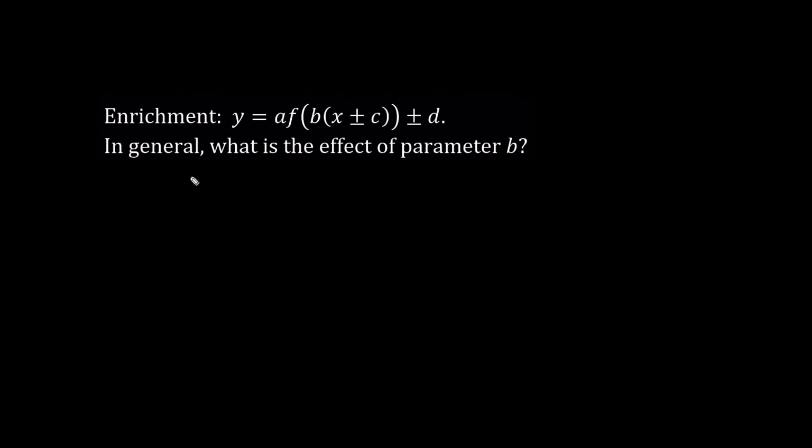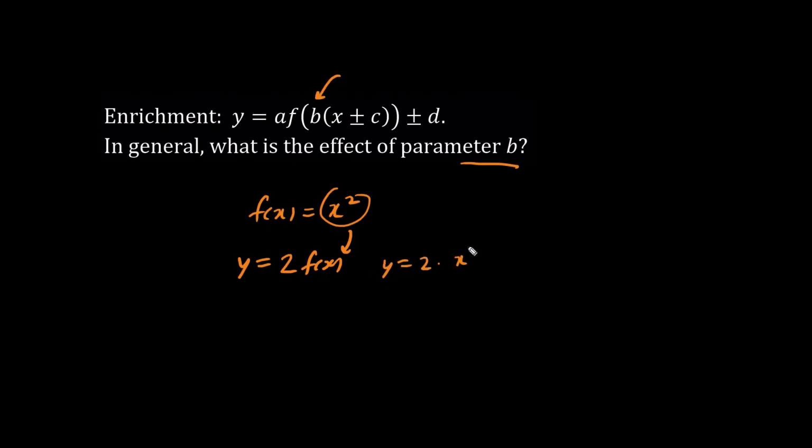For enrichment, in general, what is the effect of the parameter b? We'll learn more about this kind of transformation next year, but let's practice this. Suppose f of x equals x squared, a parabola. If we say y equals 2 times f of x, we know that f of x is x squared, so essentially y equals 2 times x squared.